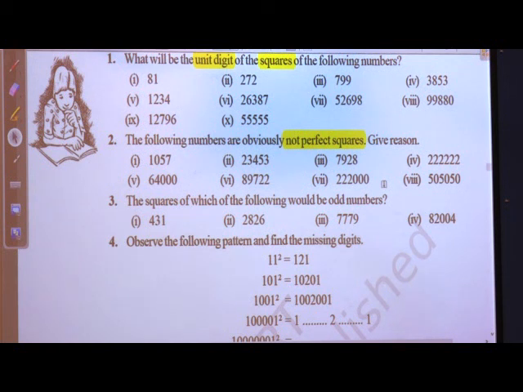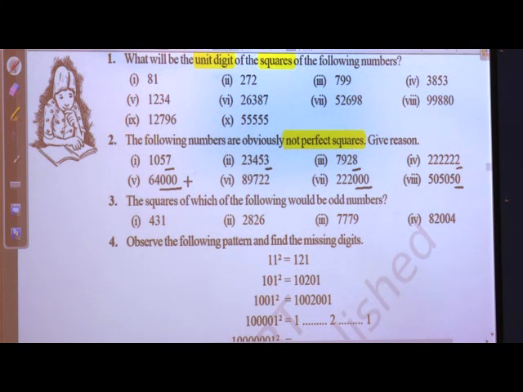If the number is ending with 2, here I am underlining, if the number is ending with 3, if the number is ending with 7, or if the number is ending with 8, or if it has an odd number of zeros, it cannot be a perfect square.